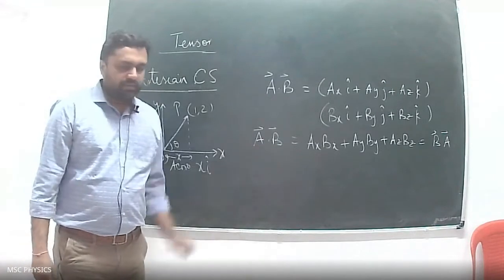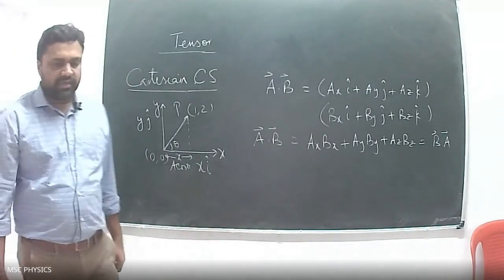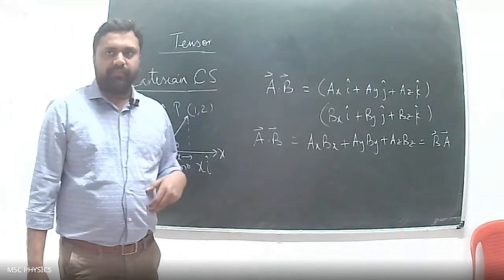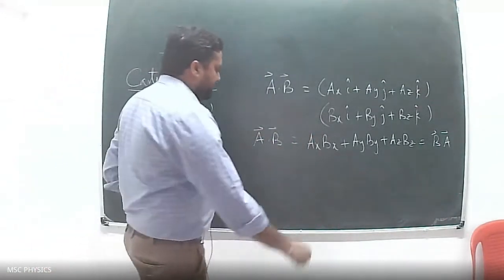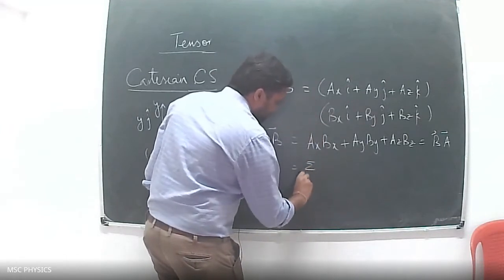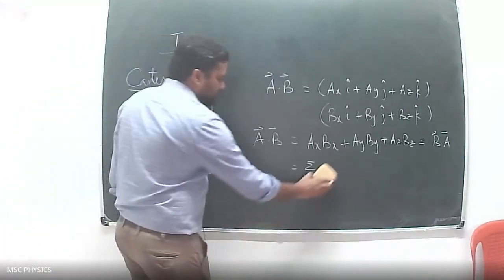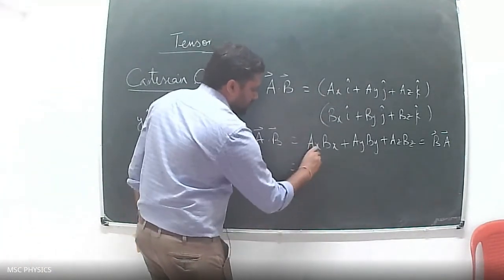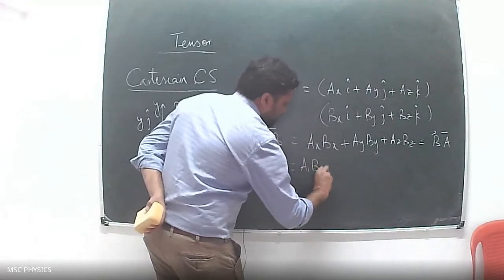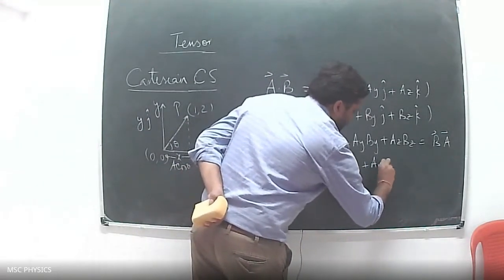Right? Now another interesting thing we can introduce is the indices. This whole thing can be written in a short form like this, sigma i. Instead of x, y, z, if I use a1, a2, a3, then it will be even better. So I will write a1 b1 plus a2 b2 plus a3 b3.